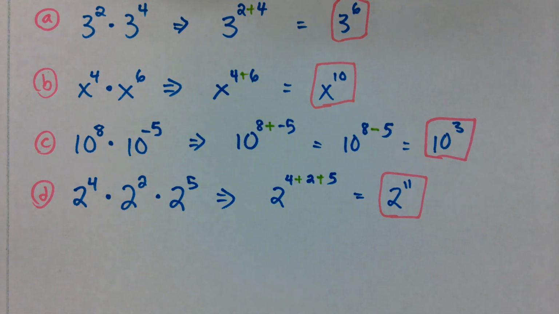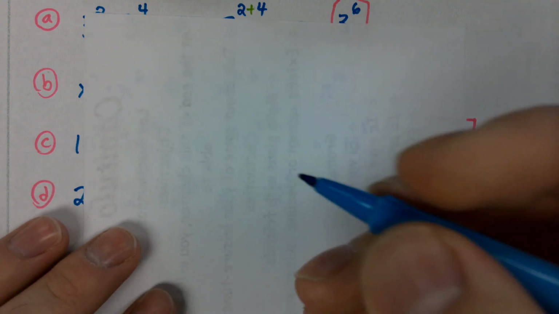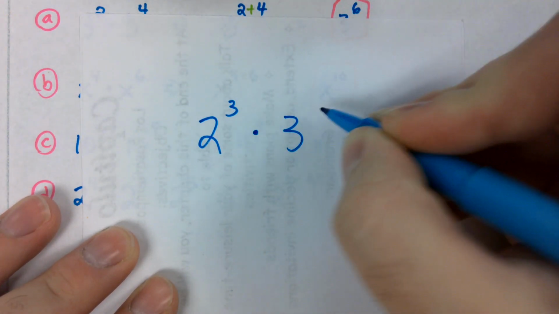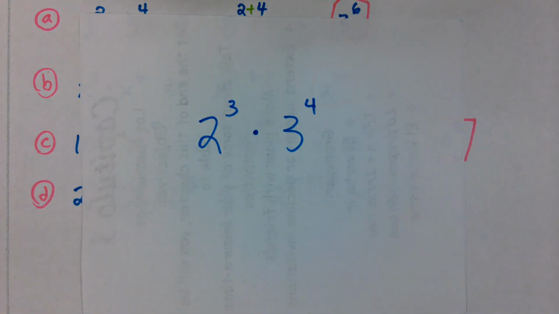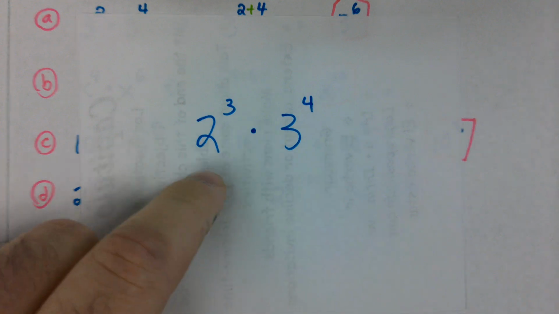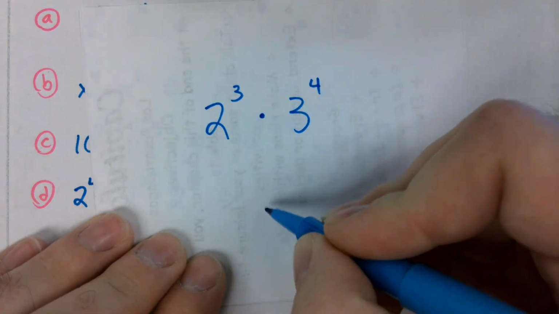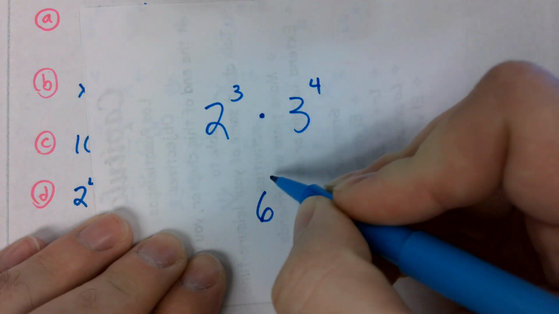Can we do one without like bases? Great question. I wouldn't have even mentioned that, so thank you for that. If we had something like 2 to the 3 times 3 to the 4, your brain might tell you, oh, that's going to be 2 times 3 is 6, 3 plus 4 is 7.